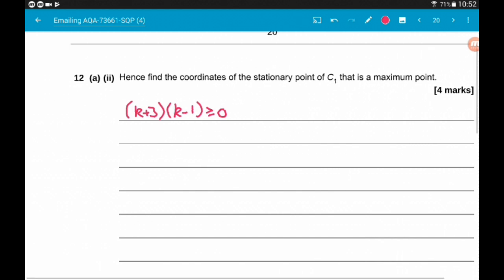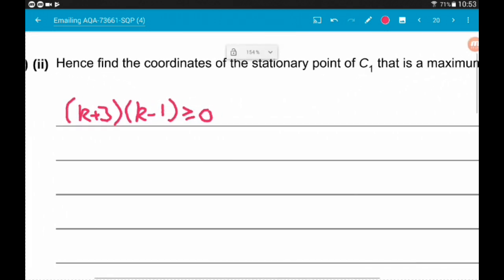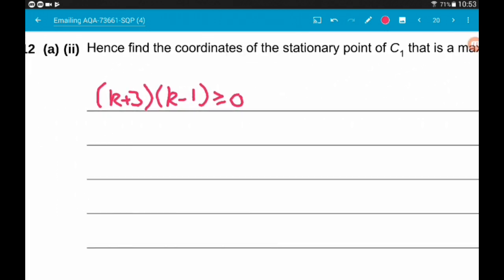Now, let's think about what this means. So, if the discriminant is equal to 0, that means there is one real root.